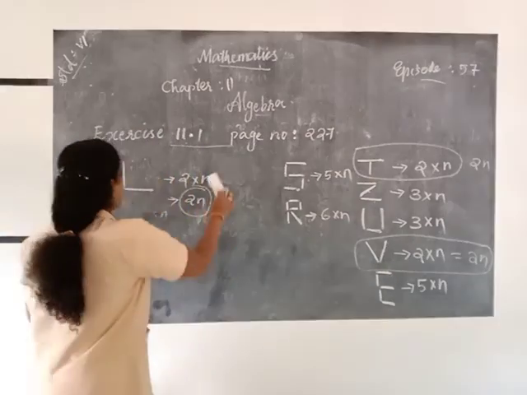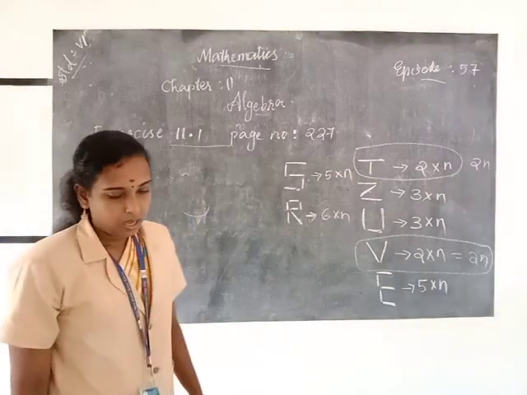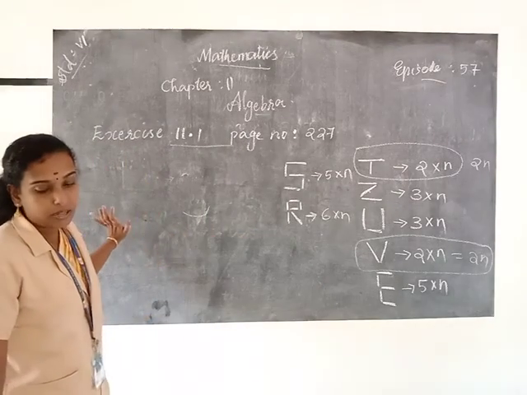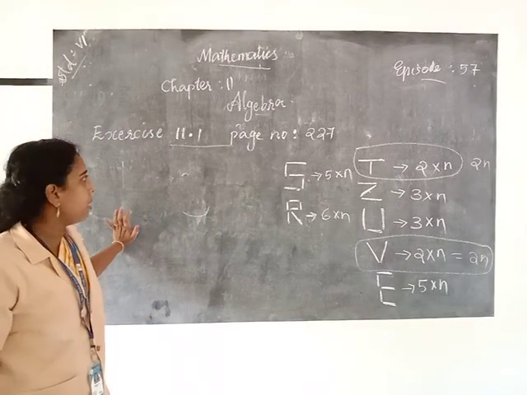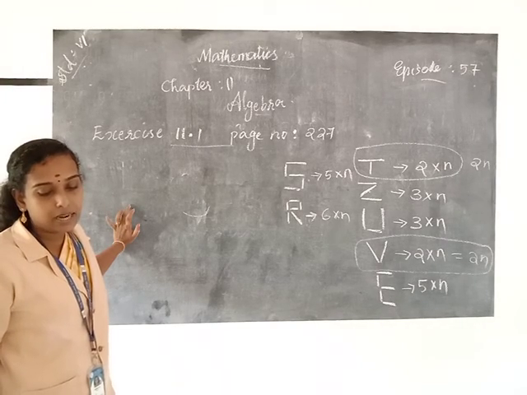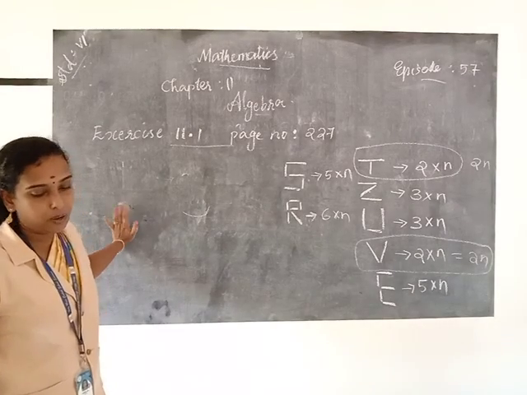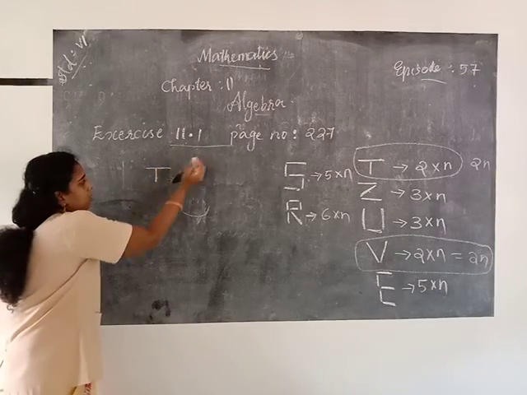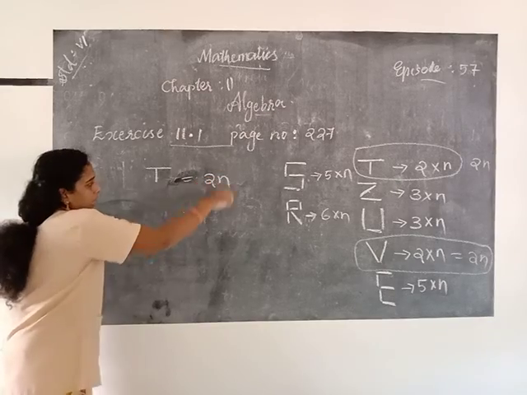In the second question, we know that T requires only two matchsticks to make. So the pattern for the letter T is 2N. To make a letter T we use two matchsticks, so the rule is 2N.